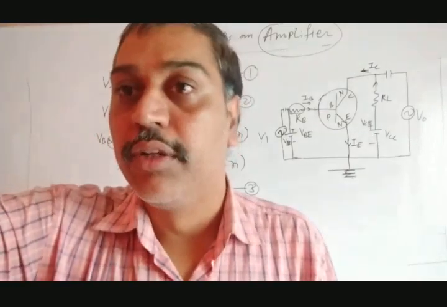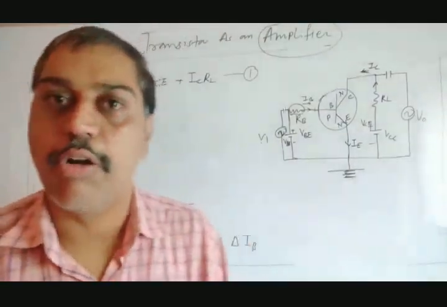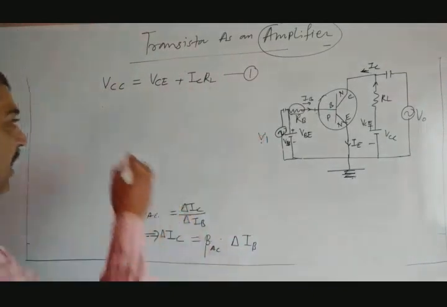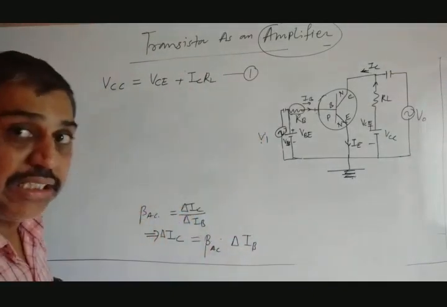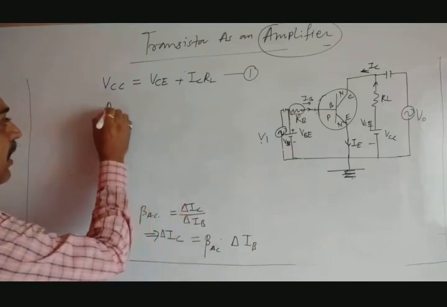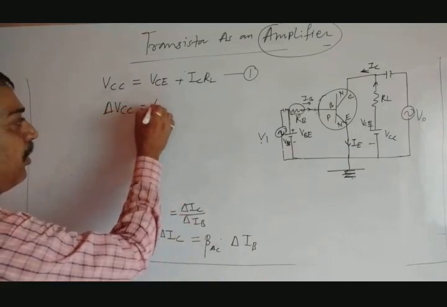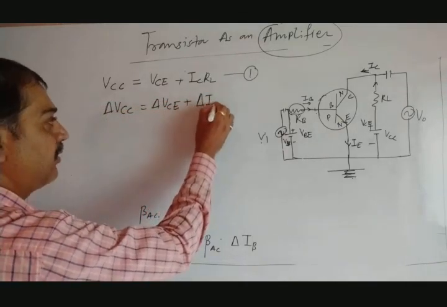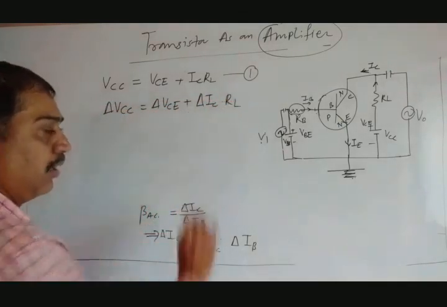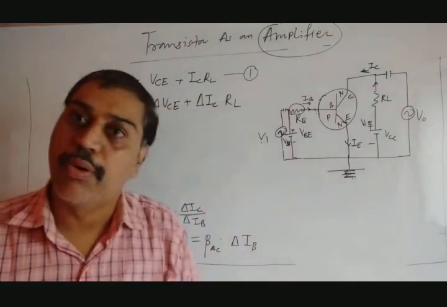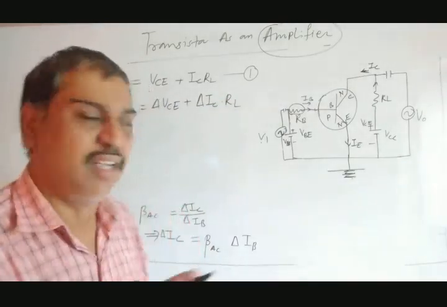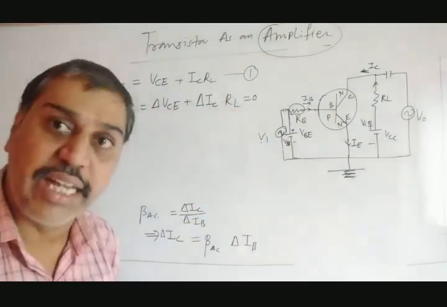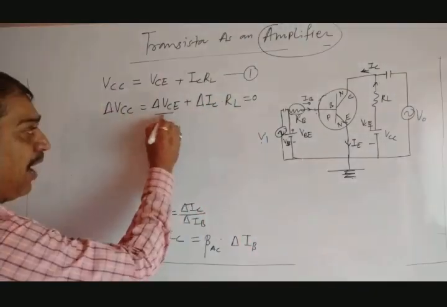Now let's go to the output part. We have written the equation for the output part, that is equation 1. We can write this in terms of change because it is AC: delta VCC equal to delta VCE plus delta IC into RL. If we assume the output voltage delta VCC equal to 0, so this thing equals 0, we can find the value of VCE.